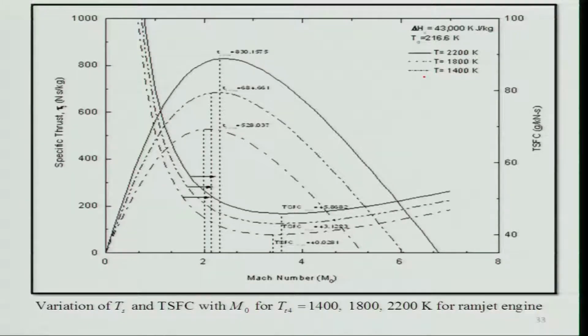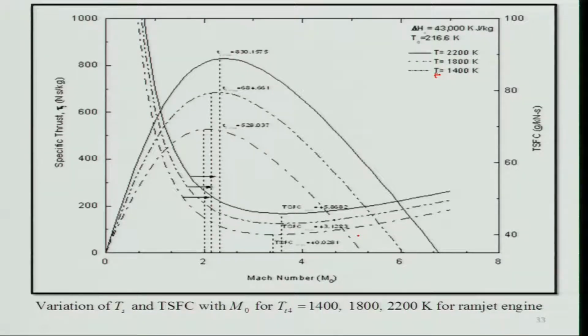So what you can note from here is that the specific thrust, with the Mach number, for a particular combustor exit temperature, goes on increasing until it attains a maximum value at a particular Mach number, then again it decreases.